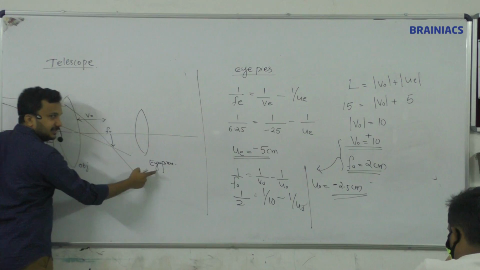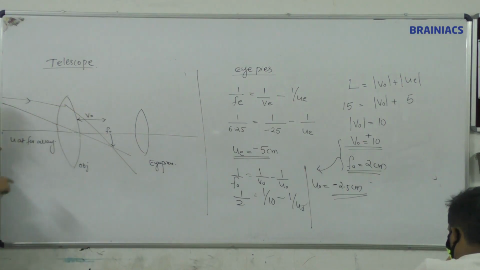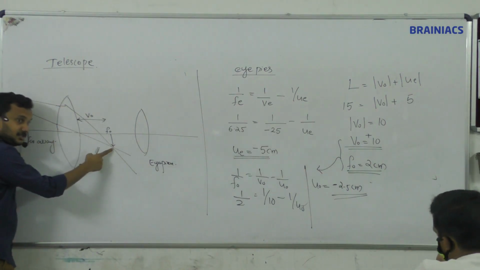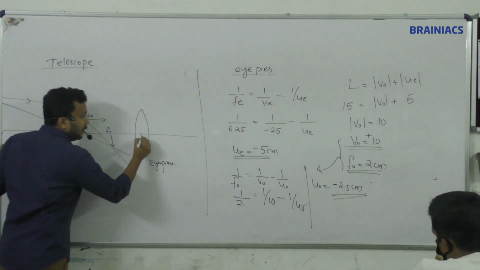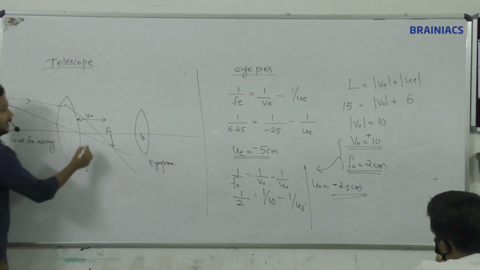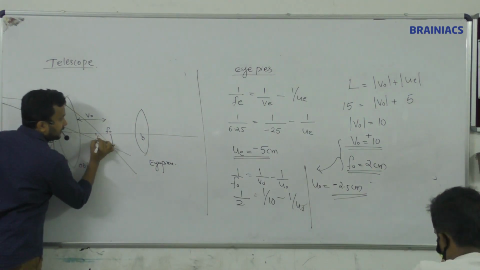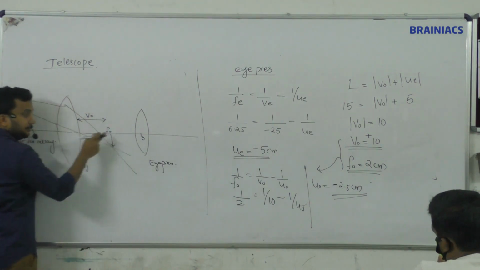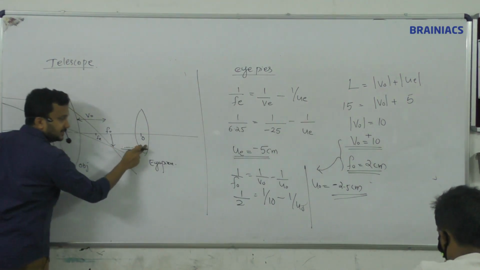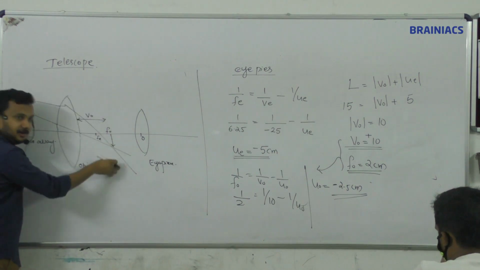For the eyepiece lens, this image must fall between the optical center and the focus of the eyepiece. Let me consider this is the focus of the eyepiece.